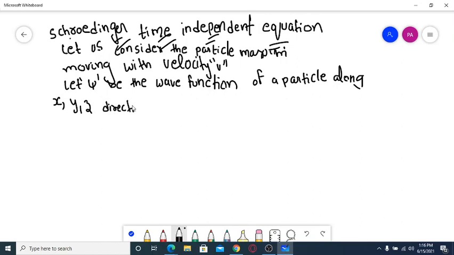You can easily remember this: x comma y comma z directions.